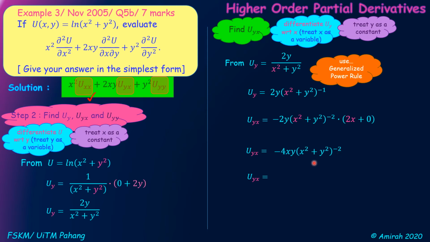So uyx equals -4xy, and then we move (x squared plus y squared) to the power of -2 to the denominator. So we get -4xy over (x squared plus y squared) to the power of 2. Okay, so from here, we have found uyx.